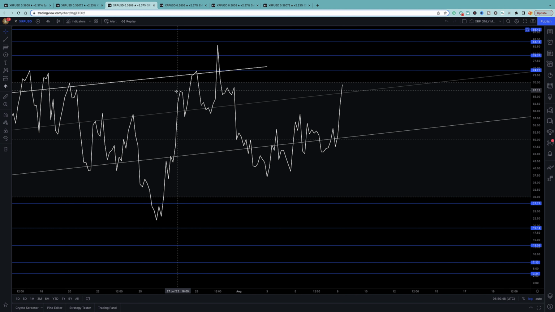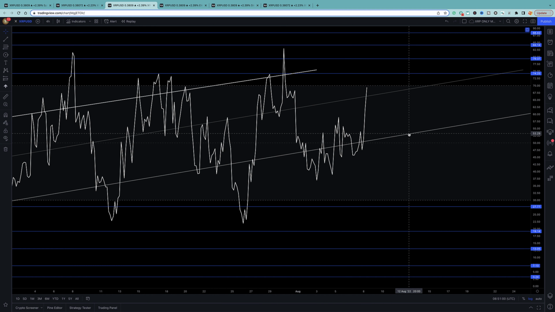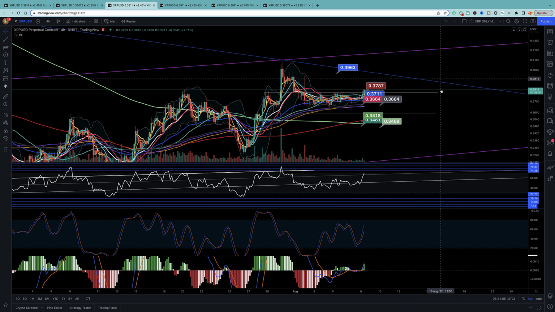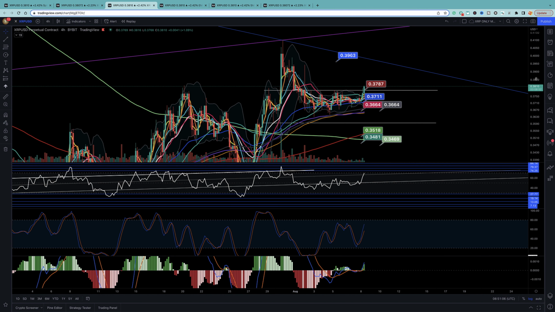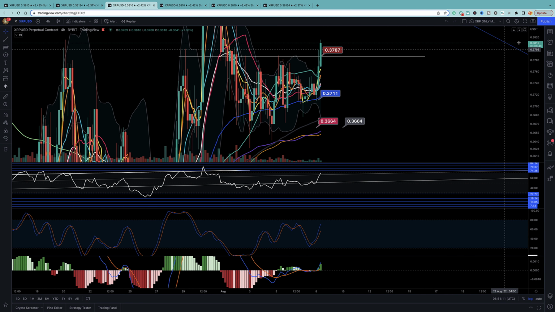And I would have said that following the pattern previously, every 4-hour when it hits the top, it goes to the bottom, top, bottom, top. It hasn't gone to the bottom here, but yet it's heading back to the top again. So again, the question is how legit is this move that's going on now? It certainly looks like it's going to pump.